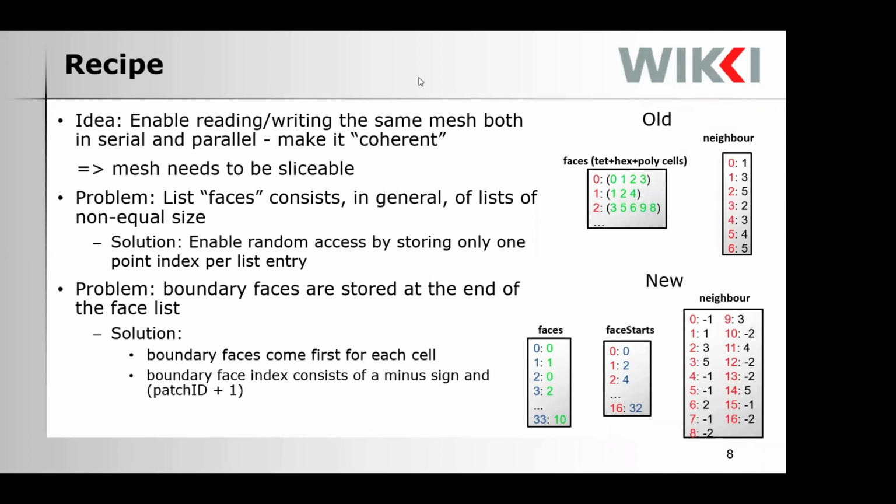We need to make it sliceable, right? So if I have a list of lists, and I'm reading this binary block phases, how do I jump to the phase number 10? How do I know this? I cannot just take some offset.